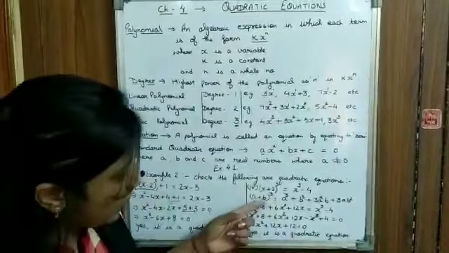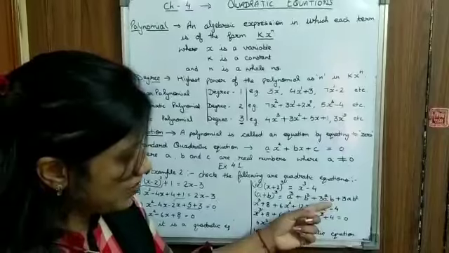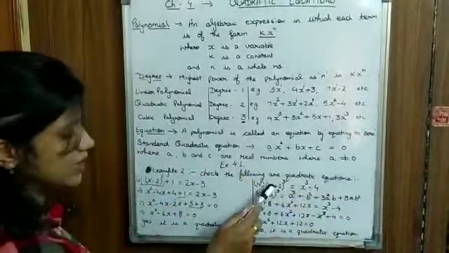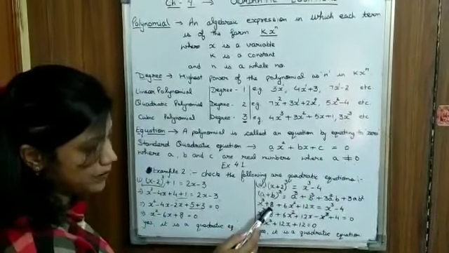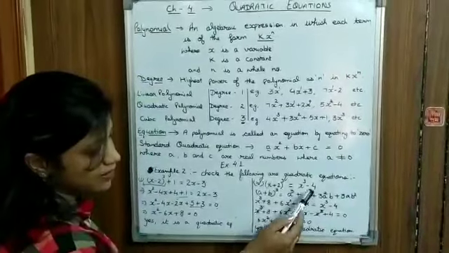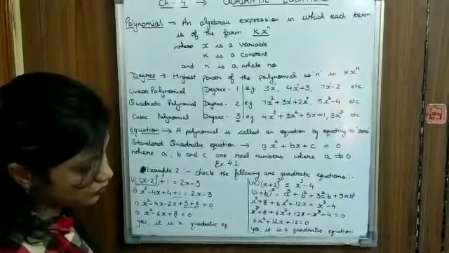A plus b whole cube identity is equal to a cube plus b cube plus 3a square b plus 3ab square. So let's solve this by this identity. A cube means x cube plus 8 plus 6x square plus 12x is equal to, keep it the same with the right hand side, x cube minus 4.